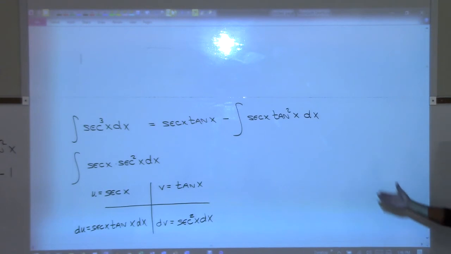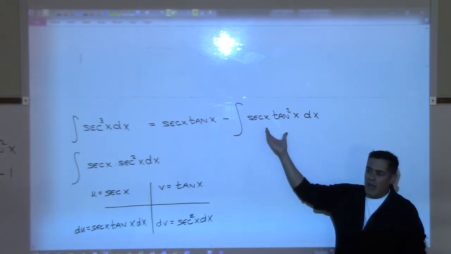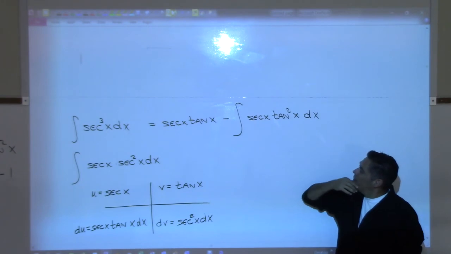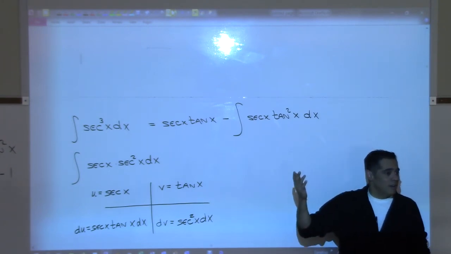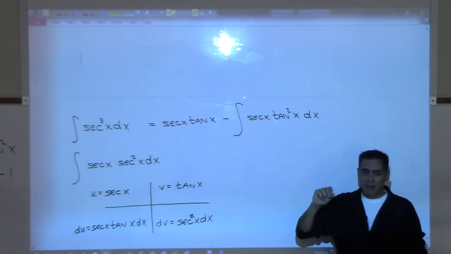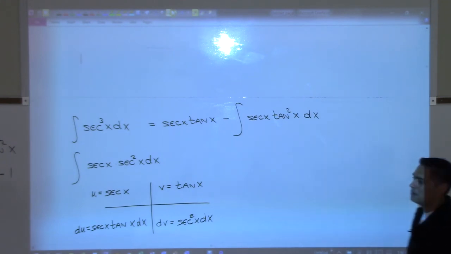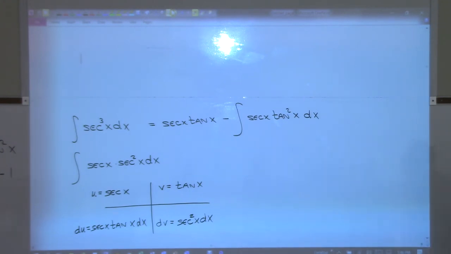So here's our new integral. Is this any better than what we had to start with? Not really, right? I mean, you did gain a tangent, and we do have methods for tangents, but we need an odd power on the tangent, and we have even. Go ahead. Double or multiple times breaking it in parts?